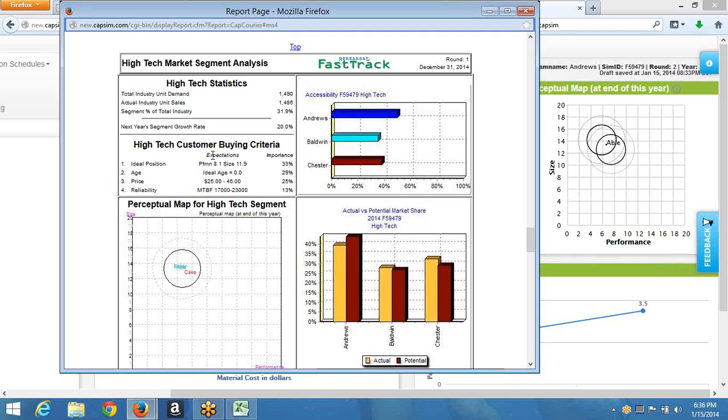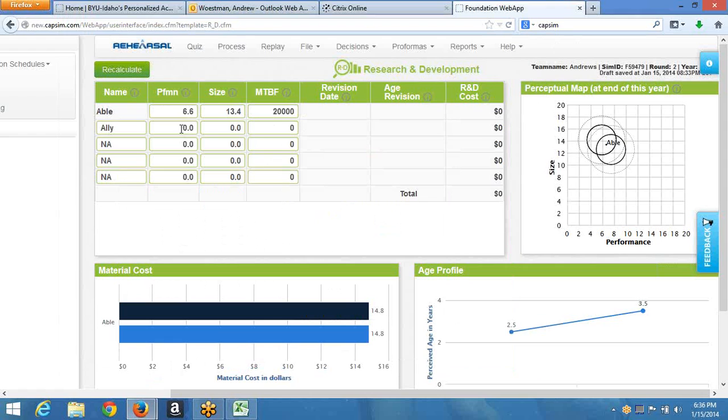So I want to go up 0.7 in performance and down 0.7 in size every year if I want to keep it at the ideal position. So 8.1, 11.9, I want it to be at 8.8 and 11.2. So I'm going to say I want it to be 8.8 and 11.2.